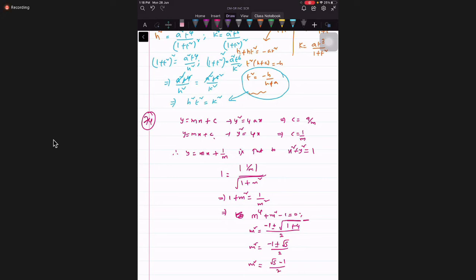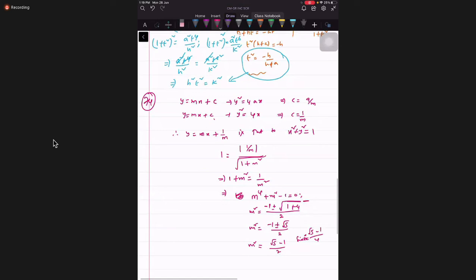What is this, sine 18 degrees? Cos 18 degrees, you know that, right? Root 5 minus 1 by 4 is sine 18 degrees. Now it is 2, right? Okay. Next.